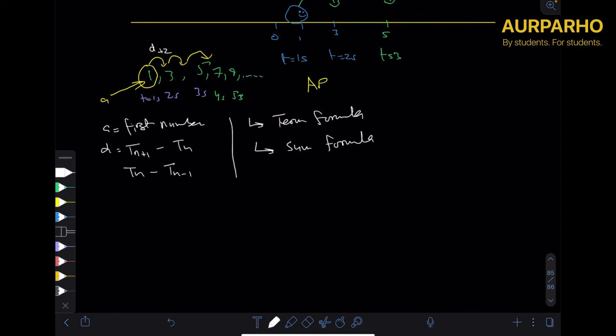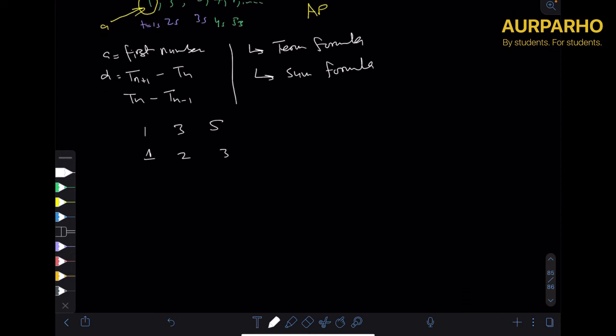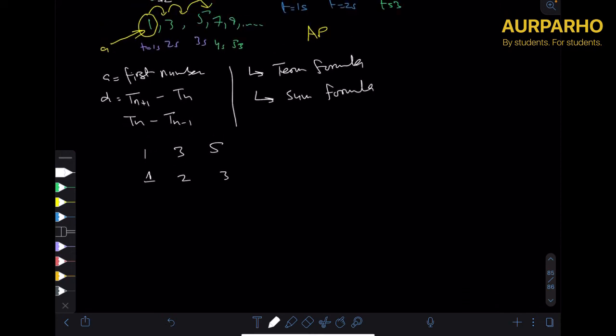What term formula basically is that it's a formula such that you can calculate the value of the term. So in this particular progression, when the term is 1, the first term, the value is 1. At the second term, the value is 3. At the third term, the value is 5, and so on. So in an AP, in any AP, I can write it as A, comma A plus D, comma A plus D plus D, because after every term there's a plus D that's adding to it, right?